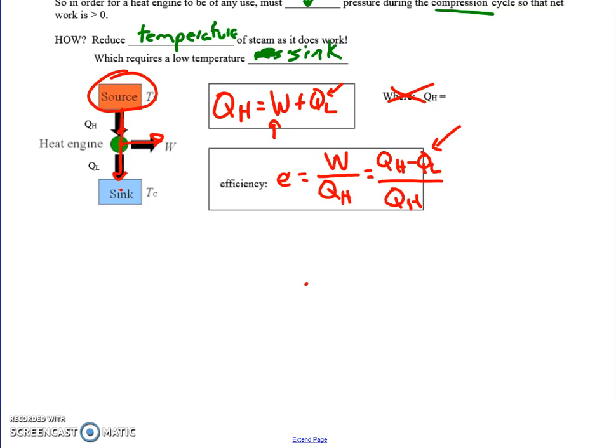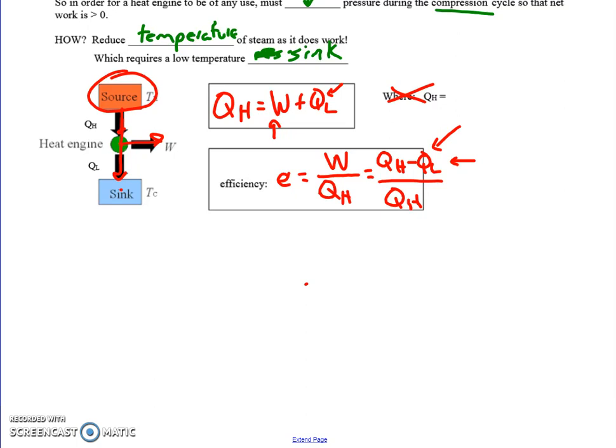If you look at this term here, you notice that the numerator is always going to be less than your denominator. In other words, our efficiency must always be less than 100%. There is no process in a heat engine where you get 100% efficiency. No matter how good your machines are in terms of friction or whatnot, this is inherently going to be less than 100% efficient. And we're going to find out it gets worse than that.